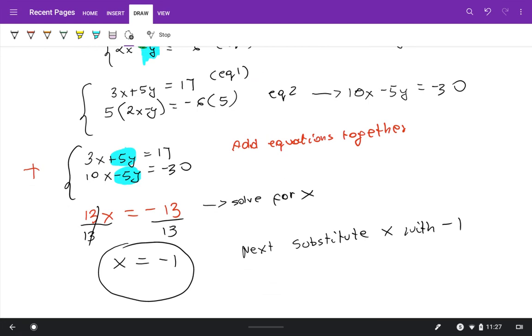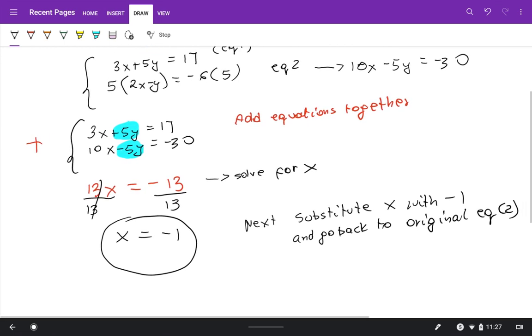I will go back to original equation 2. I pick original equation 2 because it's just easier to solve for y.